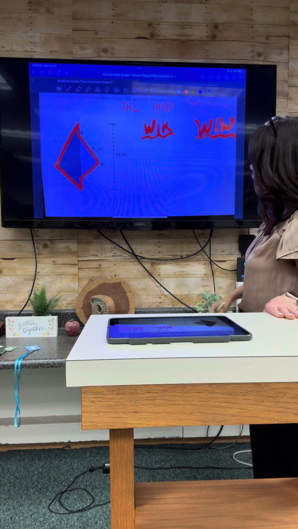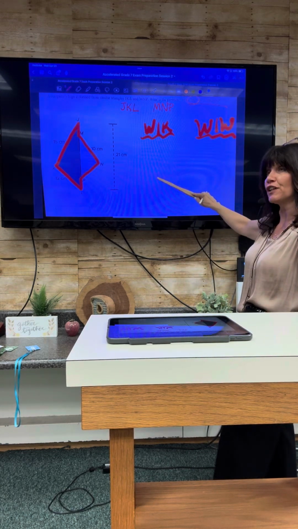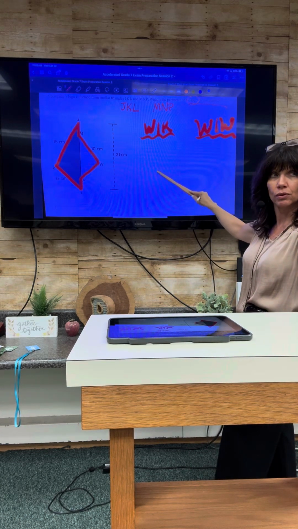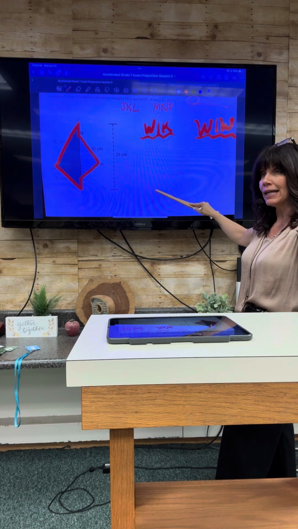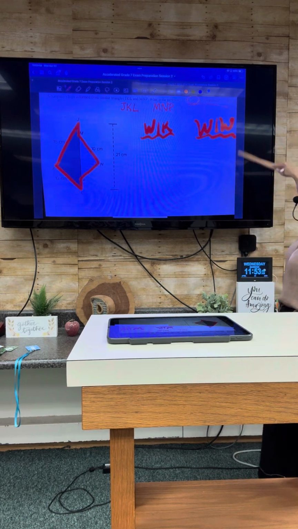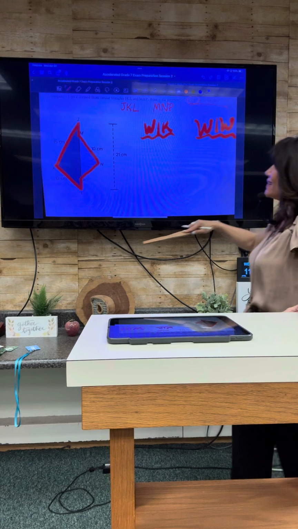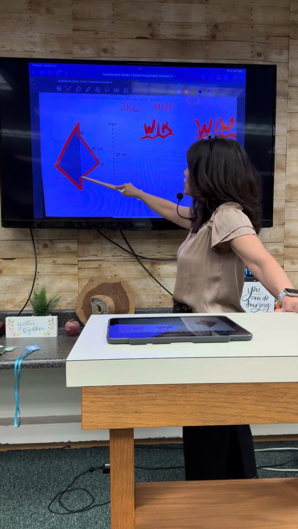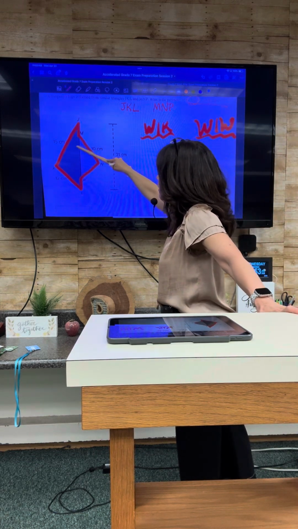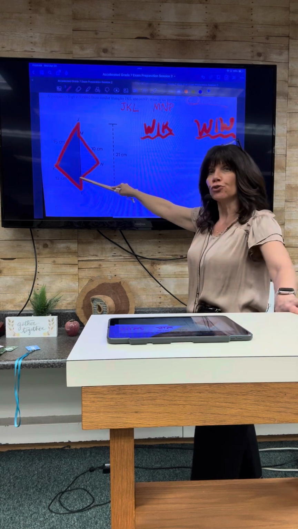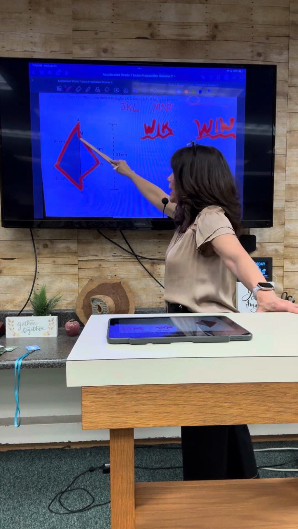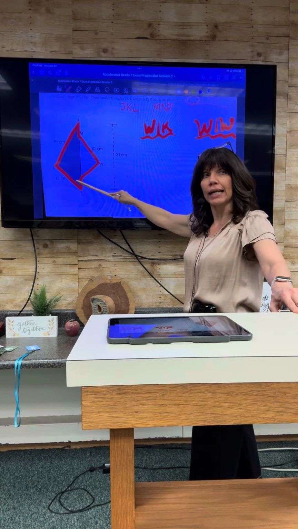Then you do the same process, so keep the 10 over 15 as the what I know. Either rewrite it or erase the what I want to find. And now, do I want to find the measurement of this smaller triangle line here from M to P? Do I need to find line MP?